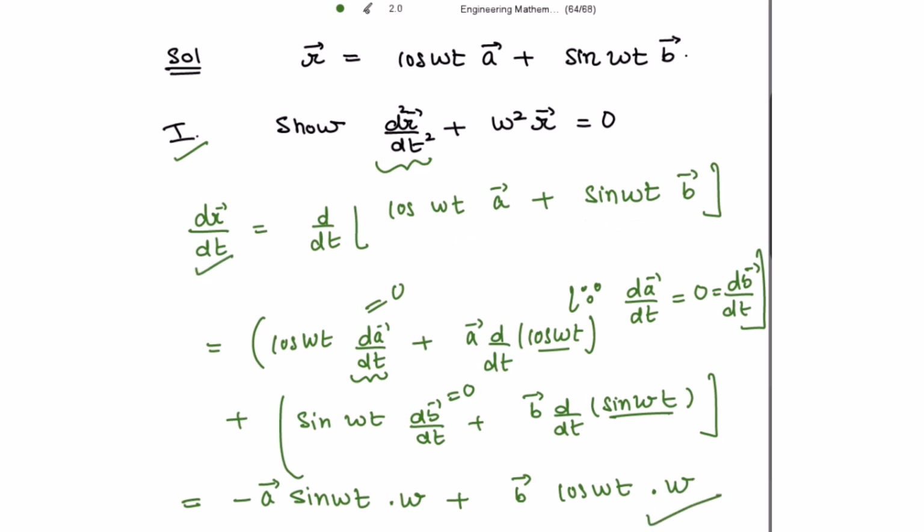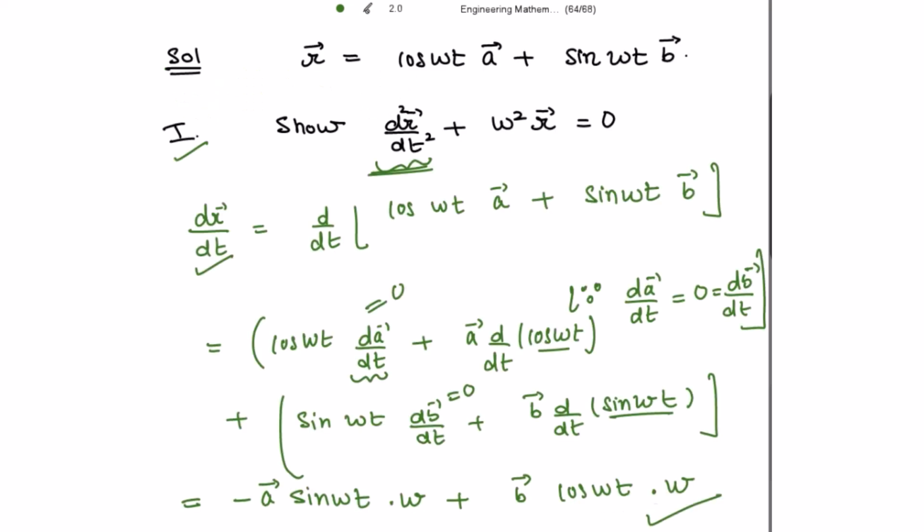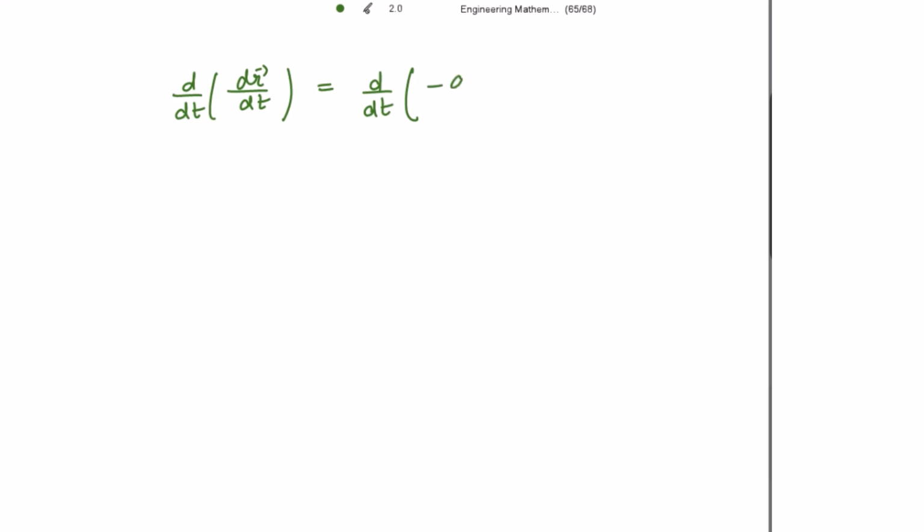Now we need to find the second derivative of r with respect to t, that is d by dt of dr vector by dt, the first derivative of r. What is that? This one. So this is minus a vector sine wt multiplied with w, plus b vector cos wt multiplied with w, right?